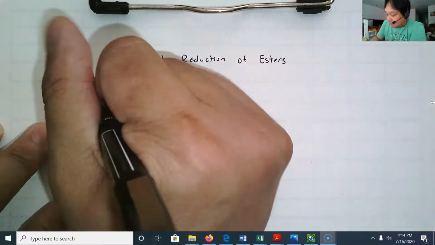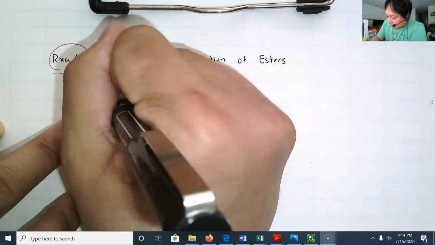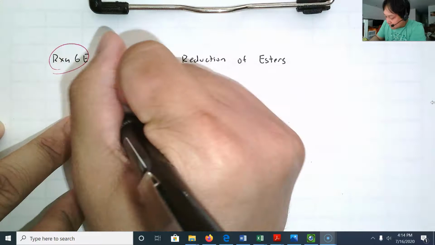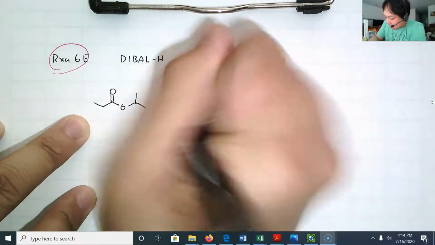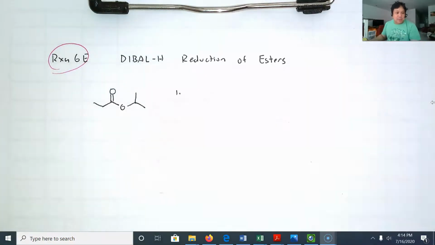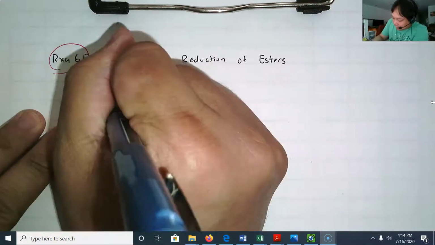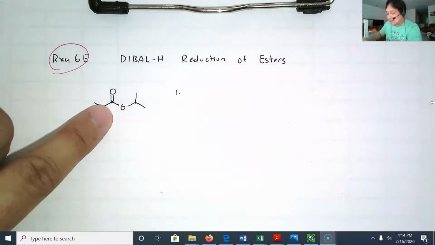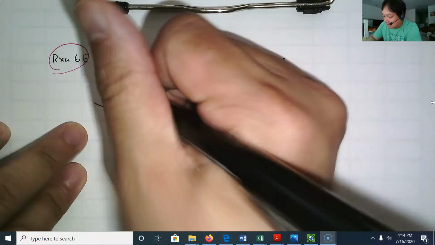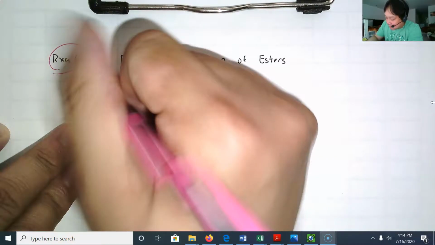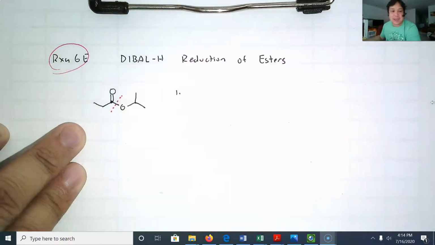Let's take the ester that we've used in the previous reaction. And when we use LiAlH4, what was the trick? The trick was you identify the dot, the one that's connected to oxygen, doubly bonded to oxygen, and you cut it in half.